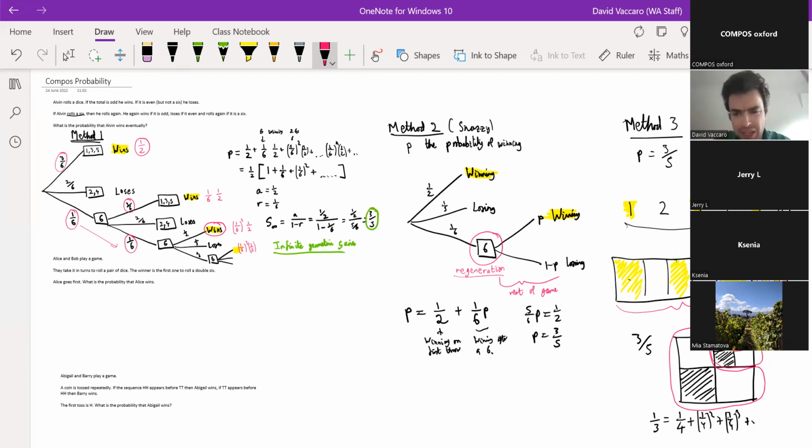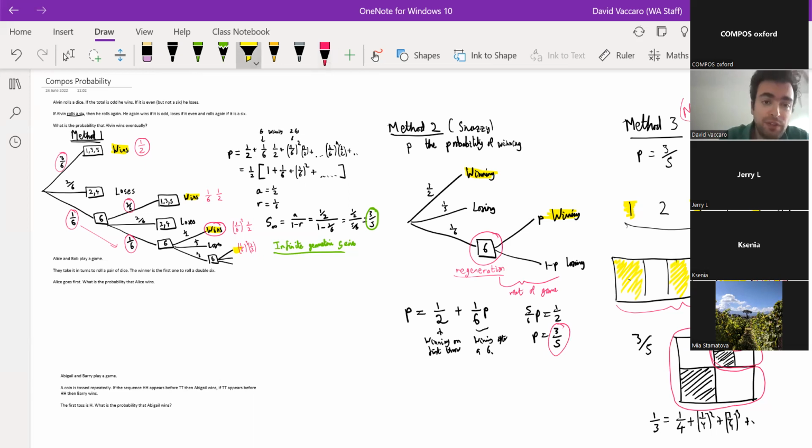As I say, this is probably not for your paper because it's almost more difficult to explain, but it's a nice justification of why we get 3/5.